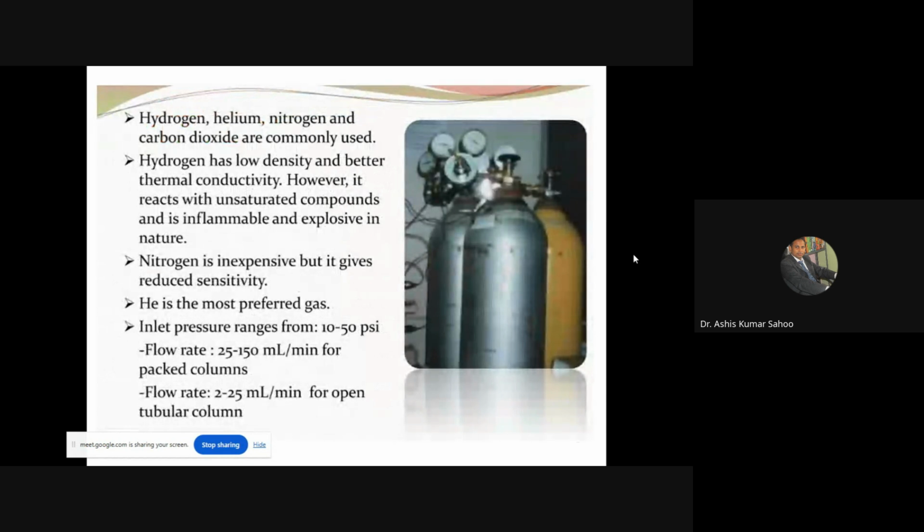Carrier gas is supplied in a cylinder, such as a hydrogen cylinder or argon cylinder. High inlet pressure is given, helium being the most preferred gas, and the flow rate should be high.